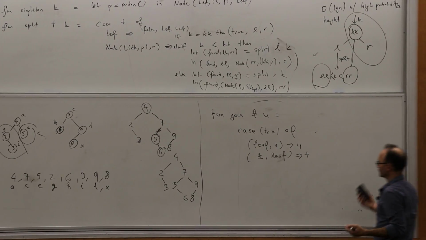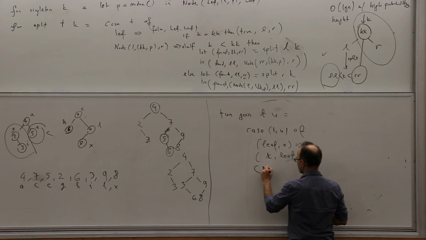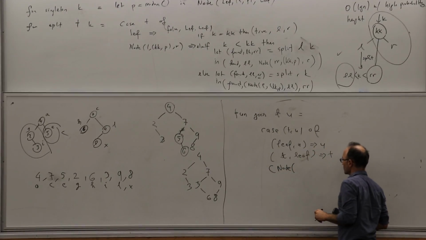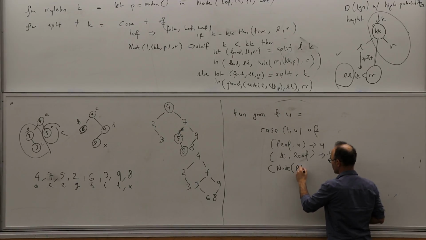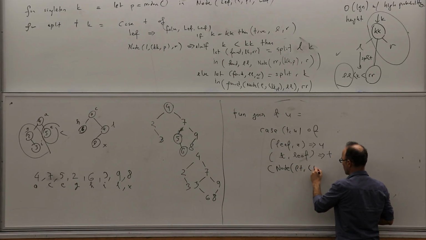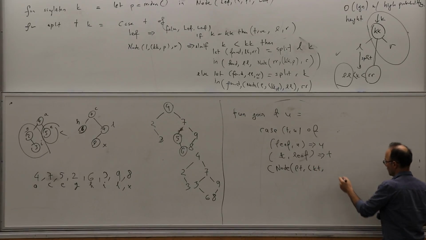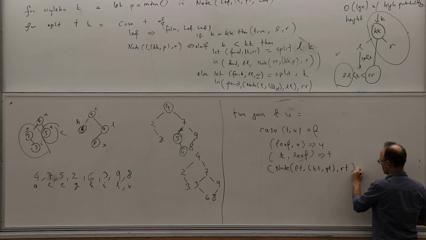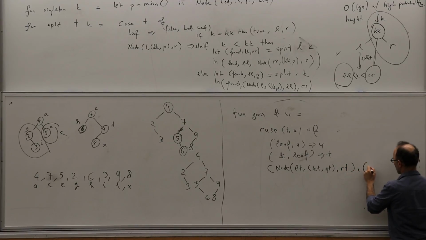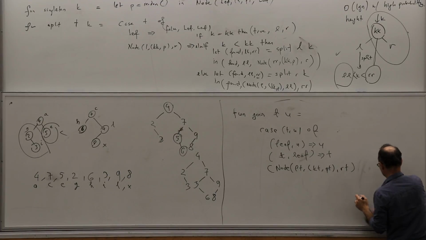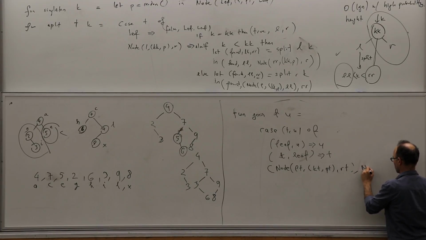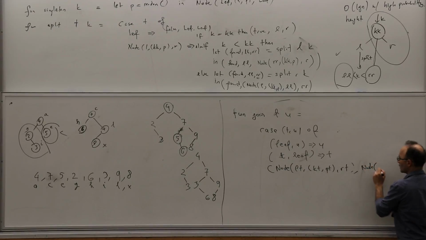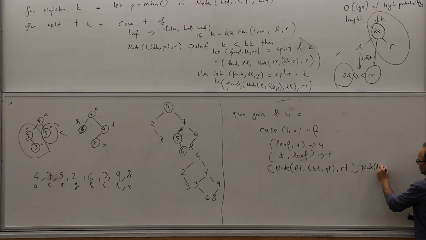Otherwise, we've got two non-empty trees, so we're going to have to compare the keys. So we have node LT, comma, KT, comma, PT, comma, RT, and again node LU, comma, KU, comma, PU, comma, RU.